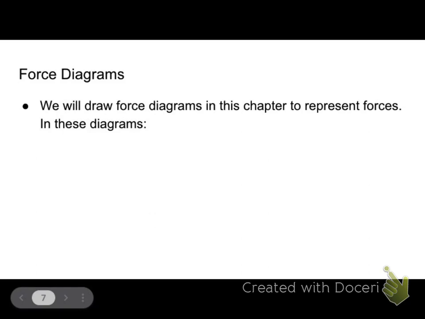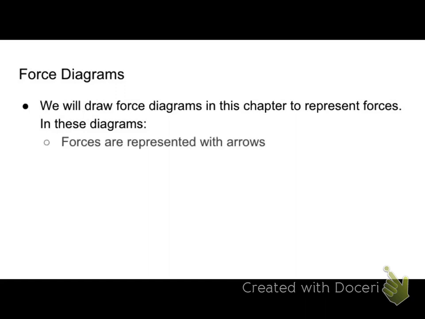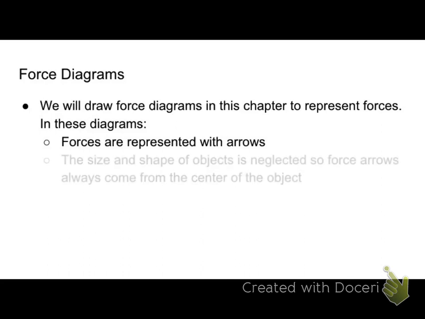We will be drawing some diagrams in this chapter to represent forces, and in these diagrams, there are a few things that you should remember. Okay? First of all, we're going to represent forces using arrows. So every force will have an arrow that goes with it.